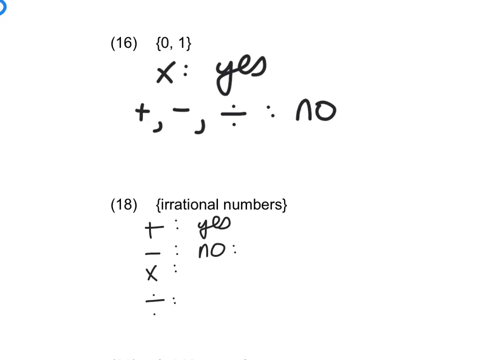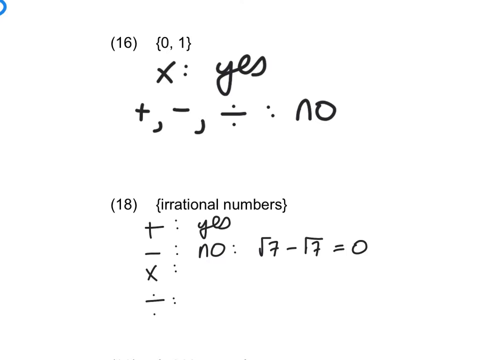One of the irrational numbers minus the same one. Exactly. So anything you want. I used radical 7 before, so I'll do that again. Radical 7 minus radical 7 equals 0. 0 is a rational number. Multiplication, we said no, because if you do the product of two identical irrational numbers, it becomes rational.